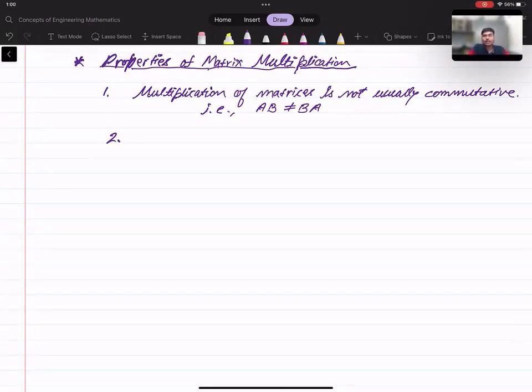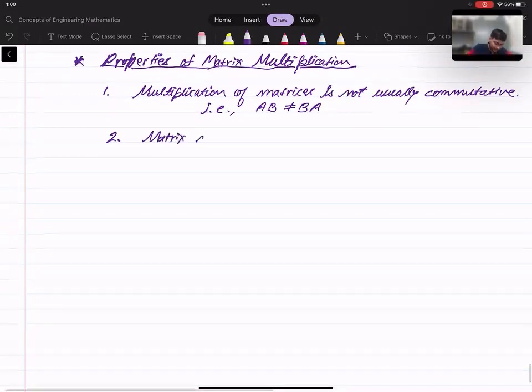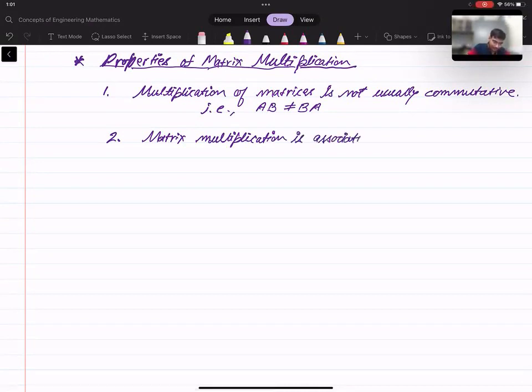Only then is matrix multiplication associative.